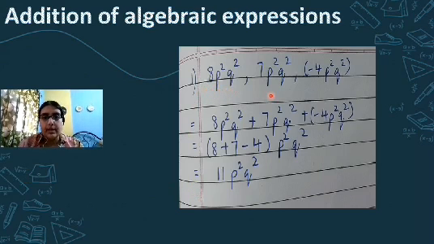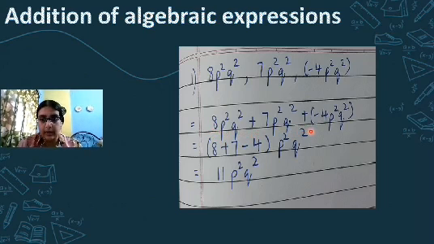8p squared q squared, 7p squared q squared, minus 4p squared q squared. All these are monomials because there is only one term in each one of them. Now we add them by putting the addition sign in the middle. Here I keep minus 4p squared q squared in the bracket.